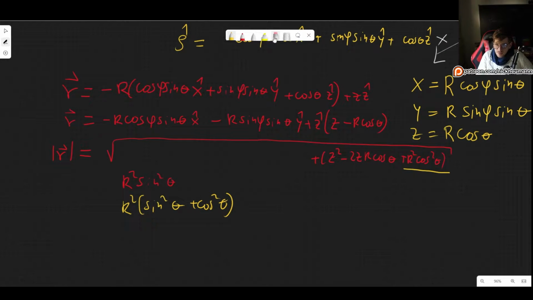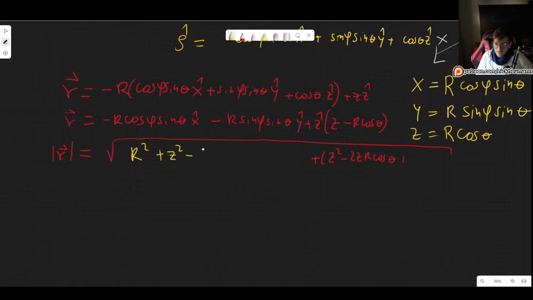So instead of having both of these terms, now we simply have r squared. Okay, so we end up with r squared plus z squared minus 2zr cosine theta, which is of course what you would have gotten if you had used the cosine theorem at the beginning.